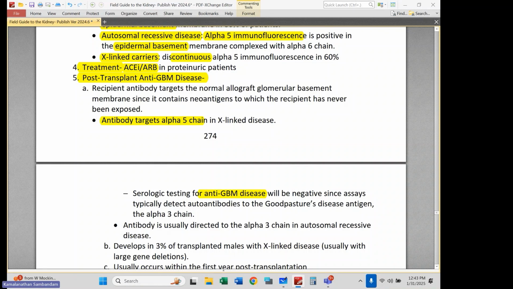Electron dense deposits, if you're trying to, again, not just memorize and make sense of it, are typically indicative of large amounts of immune complexes, often that started as circulating immune complexes that are now getting deposited in the kidney, as you would see in lupus nephritis, as you would see in IgA nephropathy, okay?